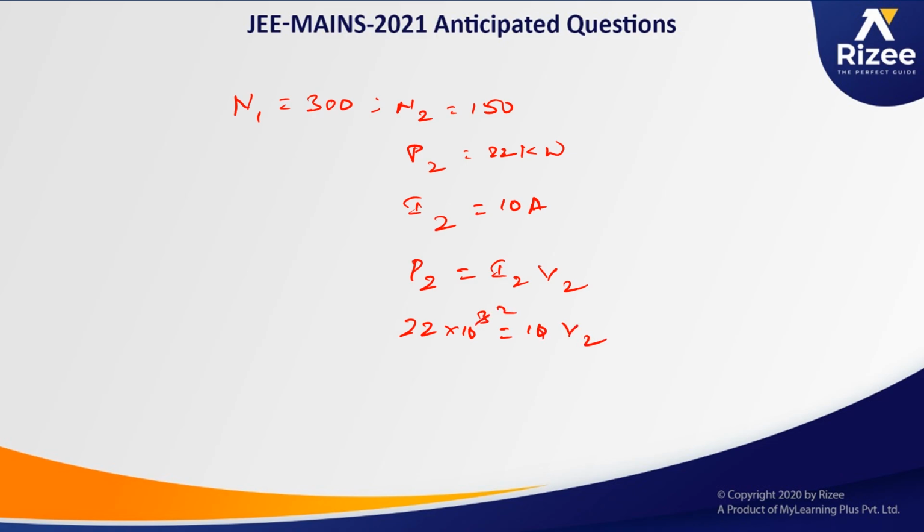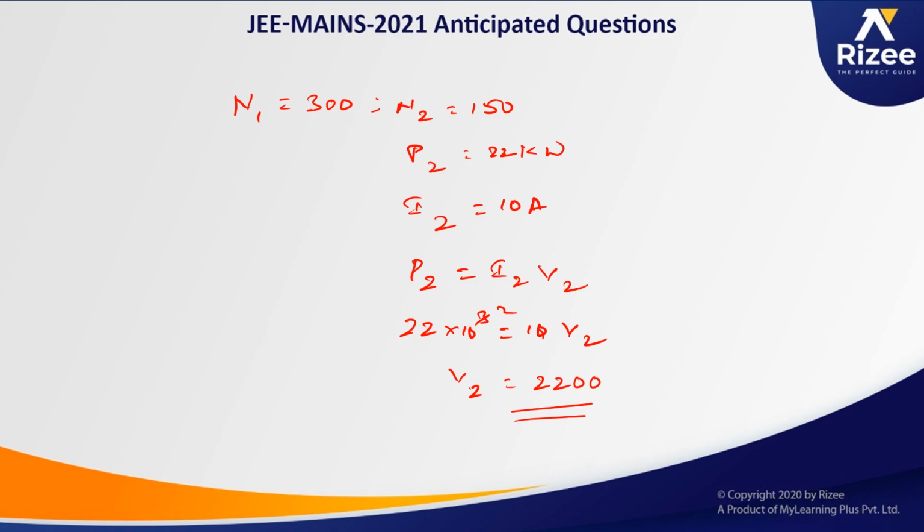So the potential across the secondary will be 2200. This is your potential in the secondary.